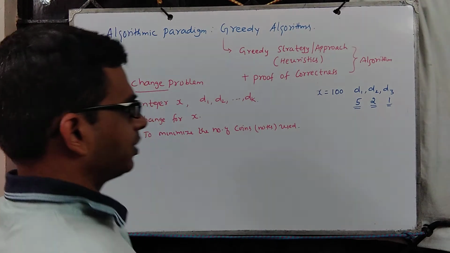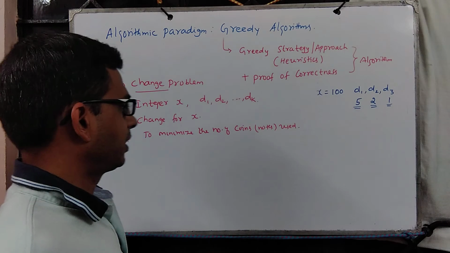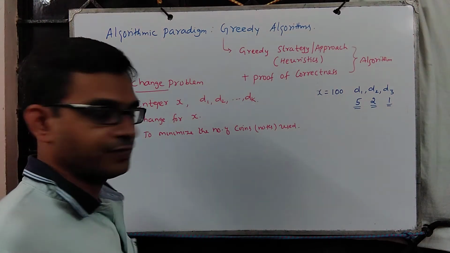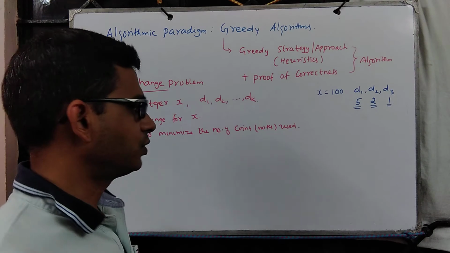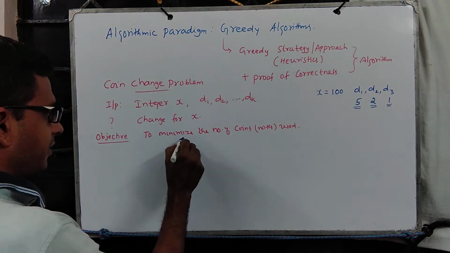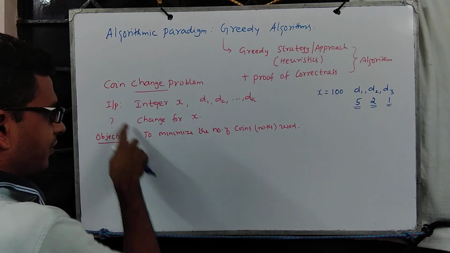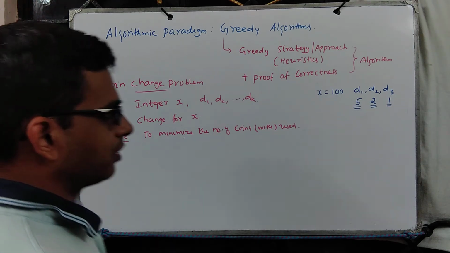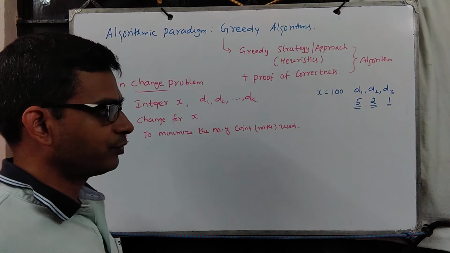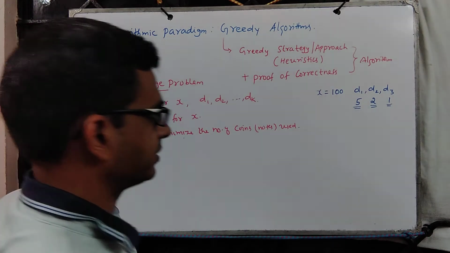With that model, you are asked to give change for this. The objective is to minimize the number of coins or notes used, so this comes under a minimization problem. How are we going to provide this change? What is our greedy choice? And how do we move from one local optimum to another local optimum? All that we shall see now.